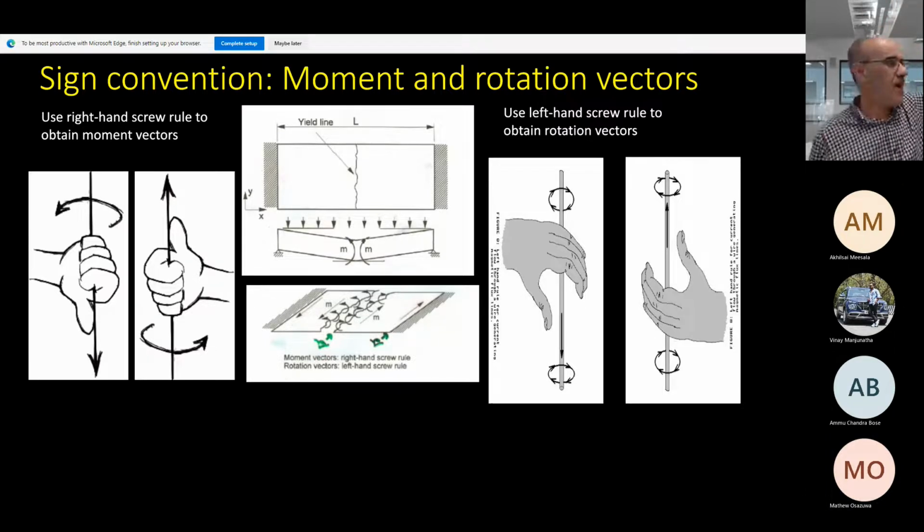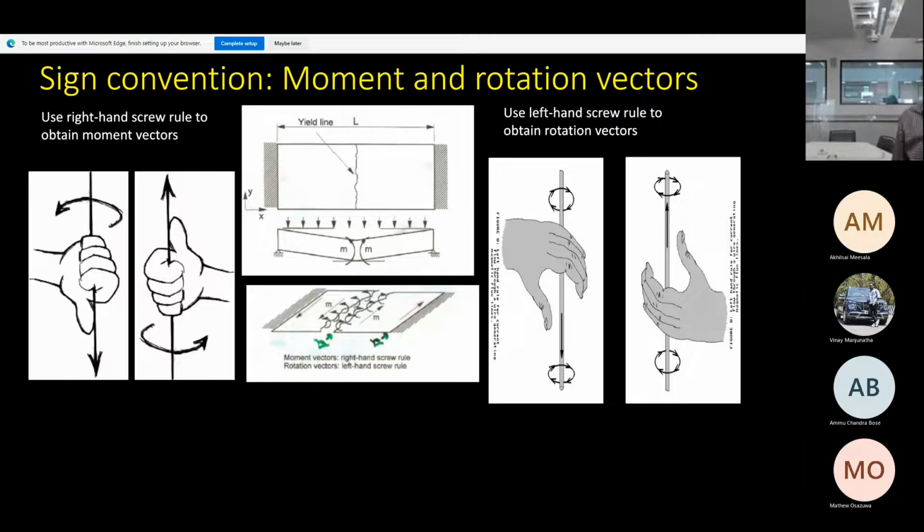So left hand, if you do it for the left side, it's going down. The slab is going down, rotating this way. When it's failing, this is the axis of rotation. It's rotating about this edge, and it's going down like this. So your thumb gives you this.